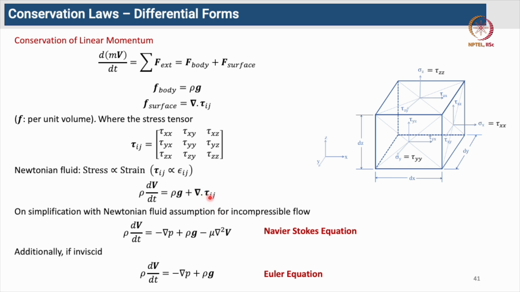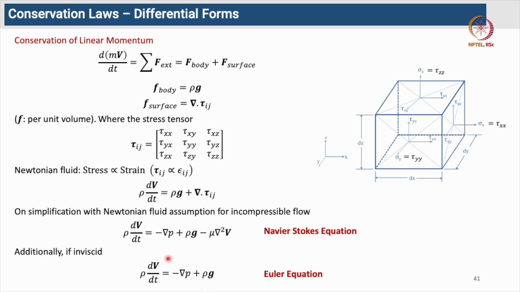Okay, and so tau ij is written like this: tau xx, yy, these are the normal stresses, whereas the other ones, xy, are the shear stresses. So the moment you substitute all of them, you get something like this, which is the Navier-Stokes equation. This is the viscous term, this is a substantial derivative, which is the acceleration term, this is the pressure, and this is the body force.